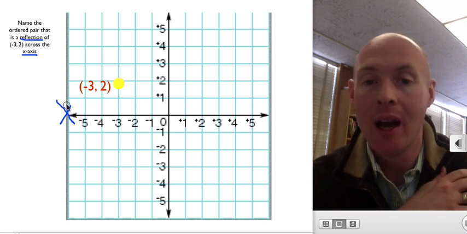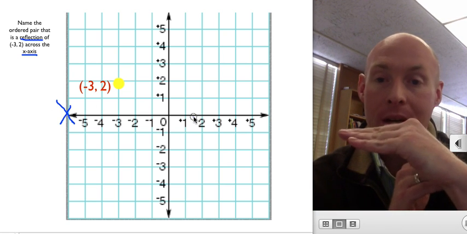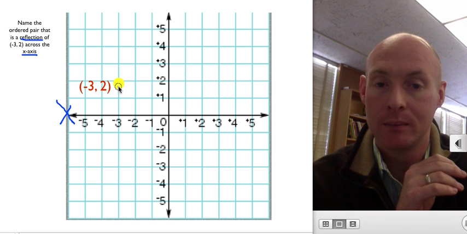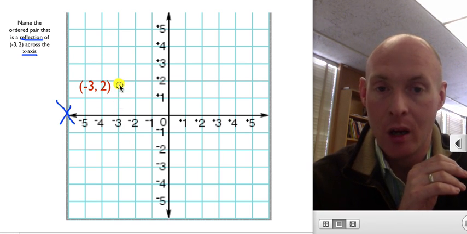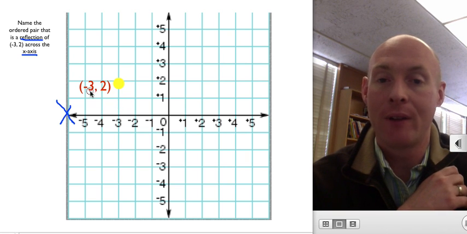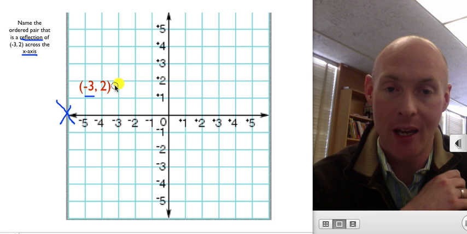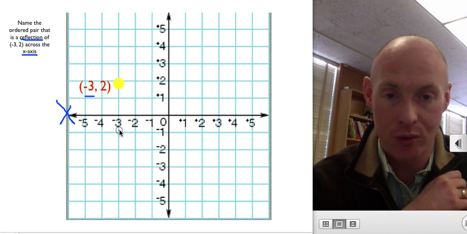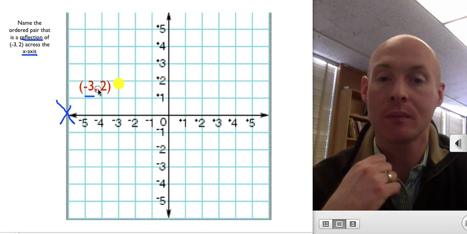So treat the x-axis as if it was the mirror. And here's our point. Looking into this mirror right here. As we reflect off it, because it's the x-axis, this is going to stay the same, meaning that you're going to just drop right across the same x point as this one.